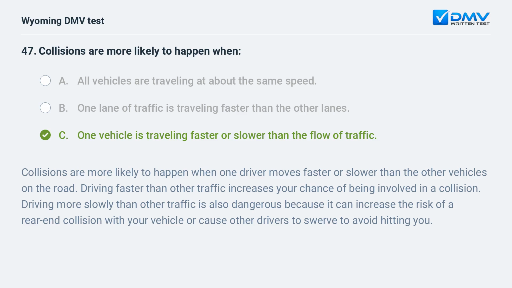Collisions are more likely to happen when one driver moves faster or slower than the other vehicles on the road. Driving faster than other traffic increases your chance of being involved in a collision. Driving more slowly than other traffic is also dangerous because it can increase the risk of a rear-end collision with your vehicle or cause other drivers to swerve to avoid hitting you.